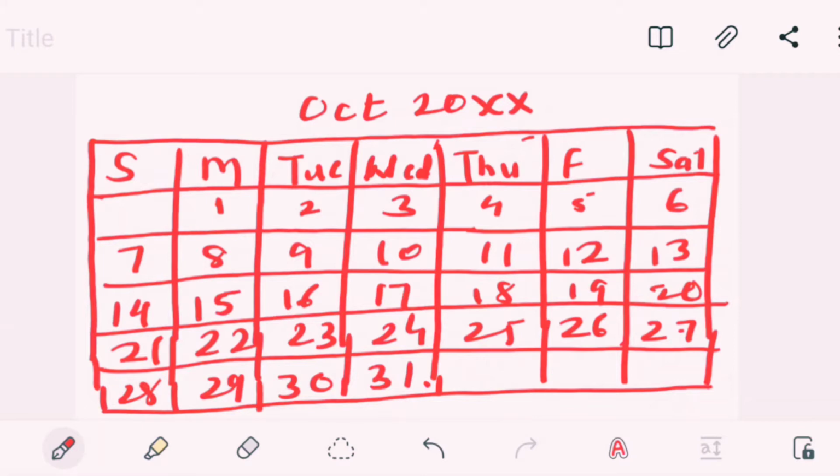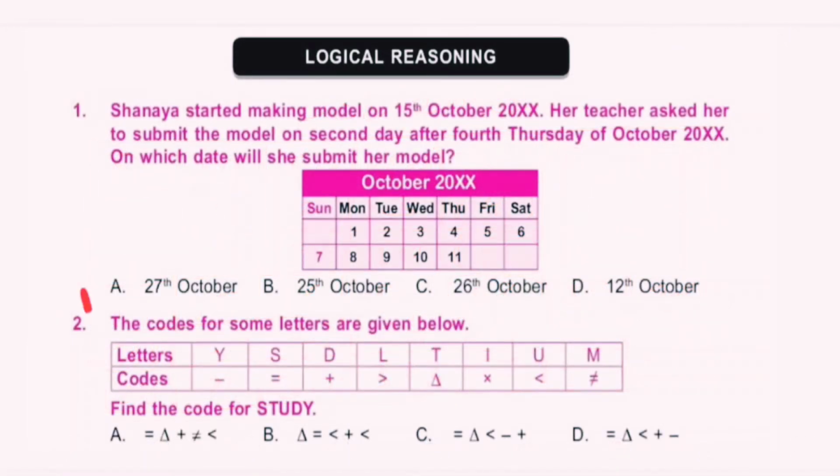Now first Thursday is on 4th, second is on 11th, third is on 18th and fourth is on 25th, and second day after 4th Thursday is 27. So she will submit her model on 27th October. Here A is the correct answer.